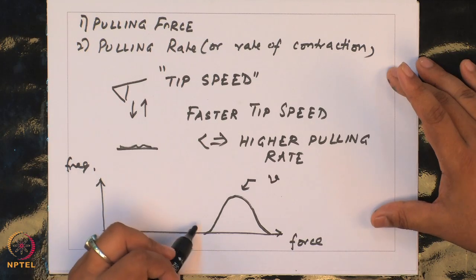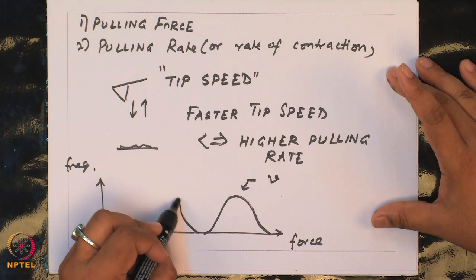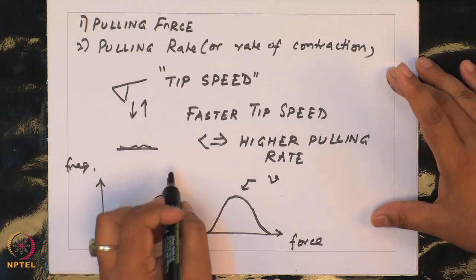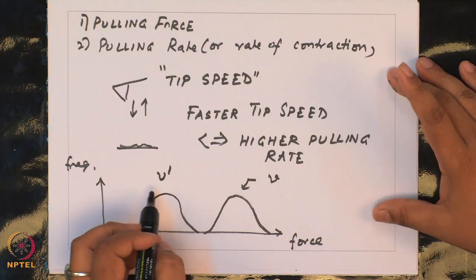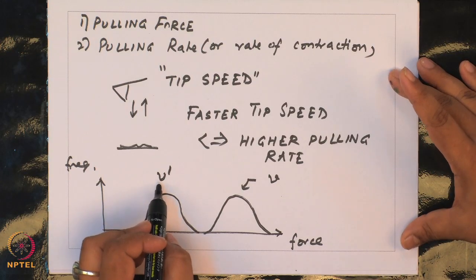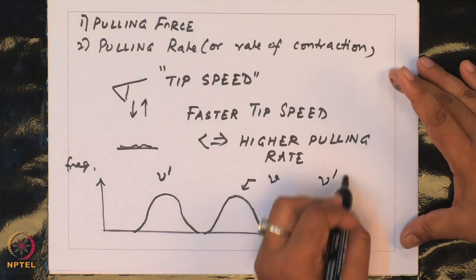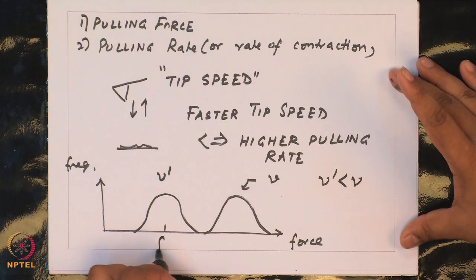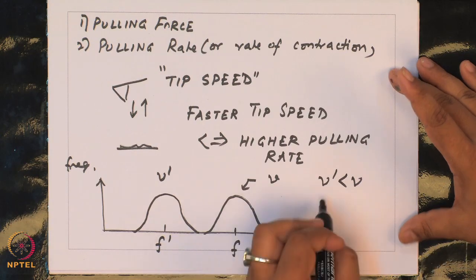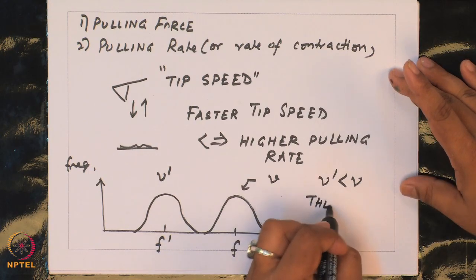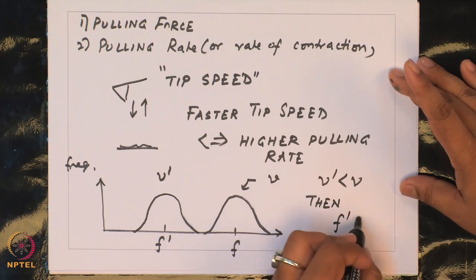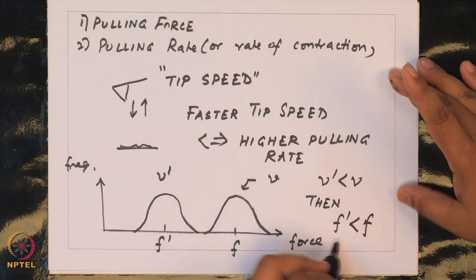What has been observed is, for many proteins and many domains, if you pull the protein at a tip speed v prime which is less than v, then f prime is also less than f.